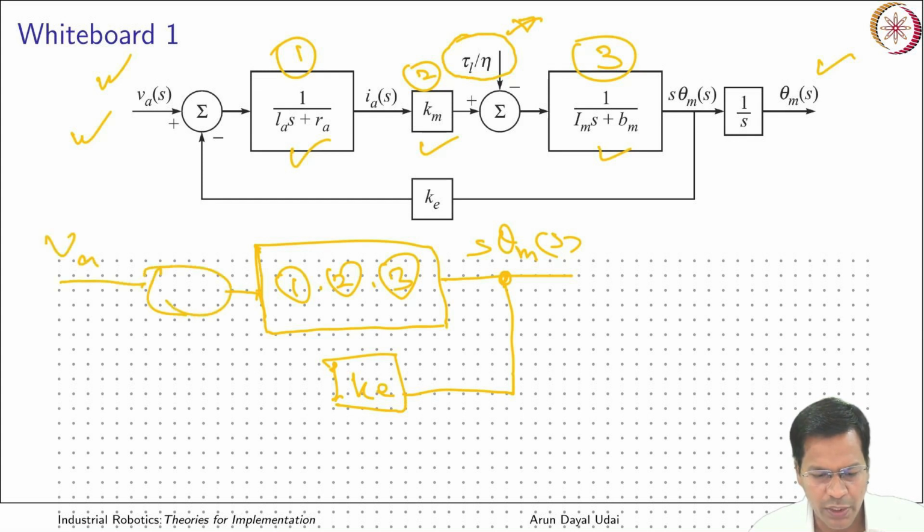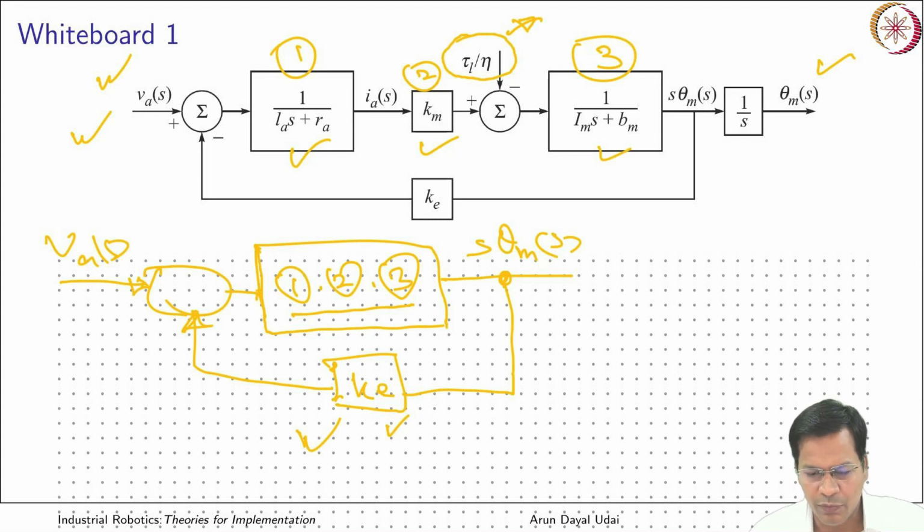This is your input V_a(s), that is the voltage to the armature. So that comes here. This looks very much like a closed loop system with feedback K_E.